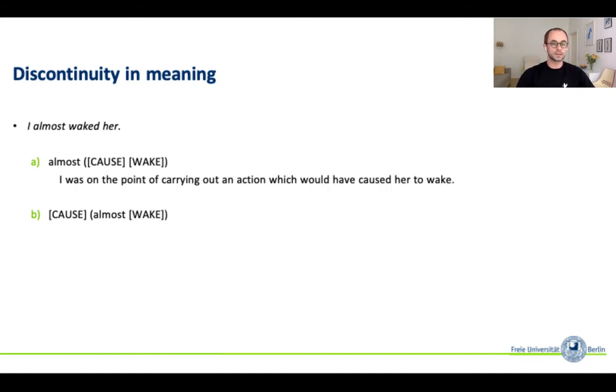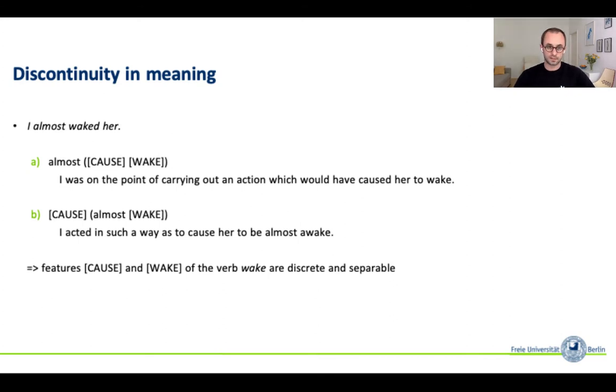So in the first case, it would be something like, I was on the point of carrying out an action which would have caused her to wake, but I didn't, right? So I managed not to wake her. In the second case, there is a slight difference, because it doesn't mean that I didn't wake the person, but that I didn't wake the person completely.